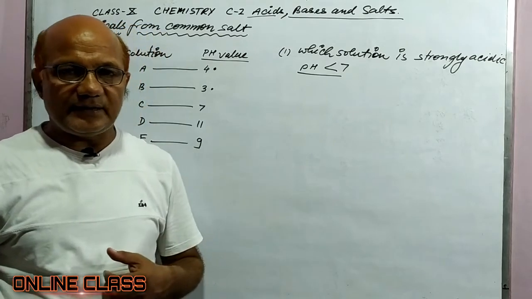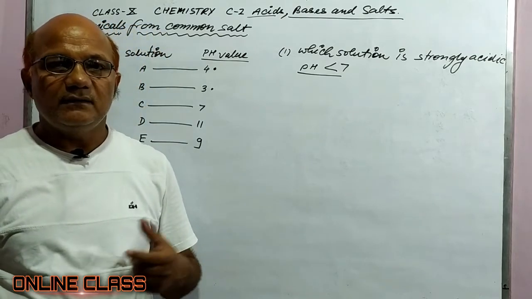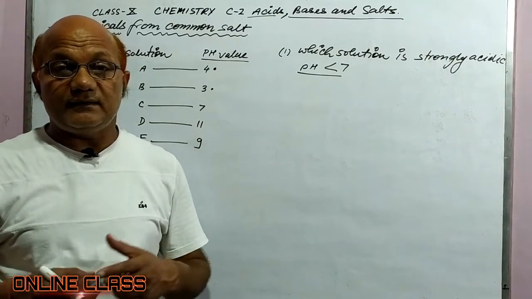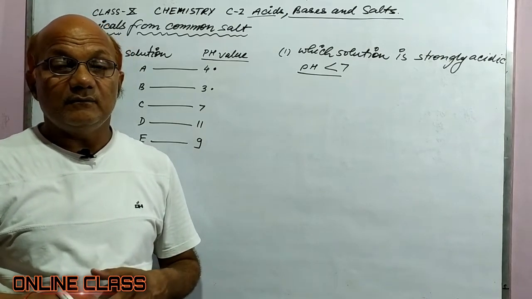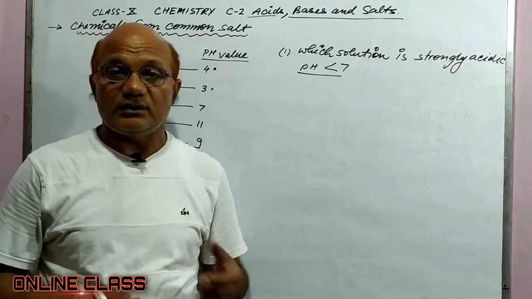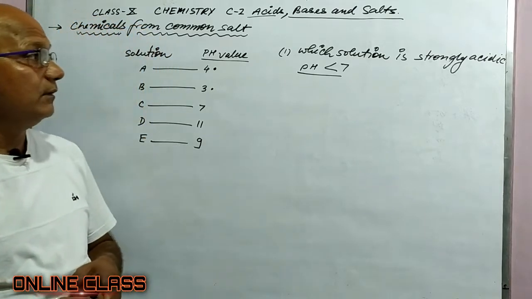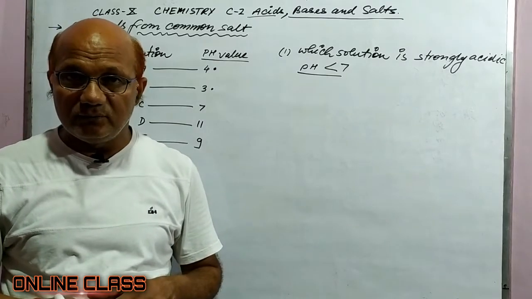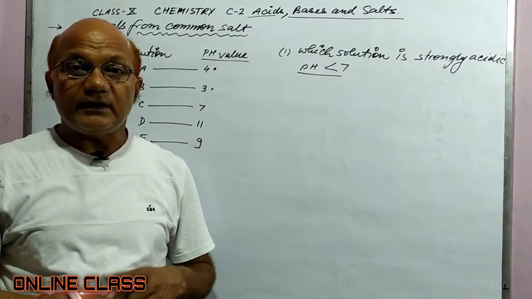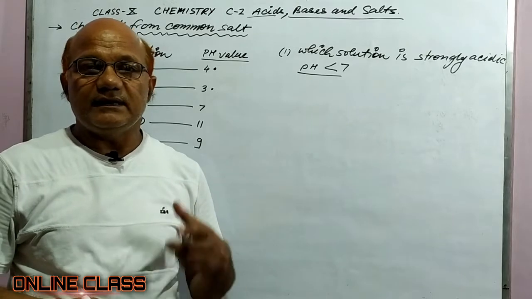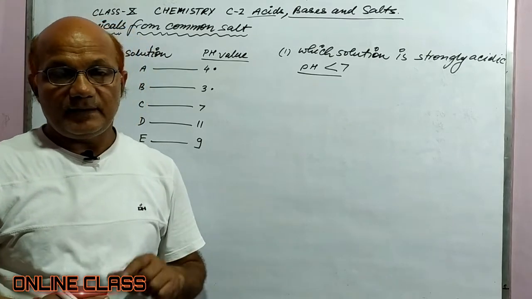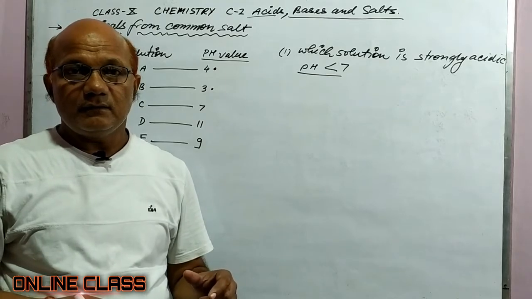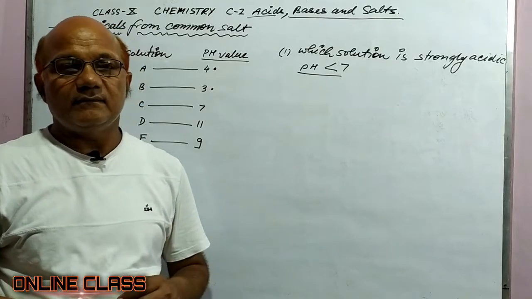Lesser the pH value, greater the hydrogen ion concentration and more acidic is the solution. So, which solution has lesser pH value will have greater H plus ion concentration, and it means that solution will be strongly acidic.